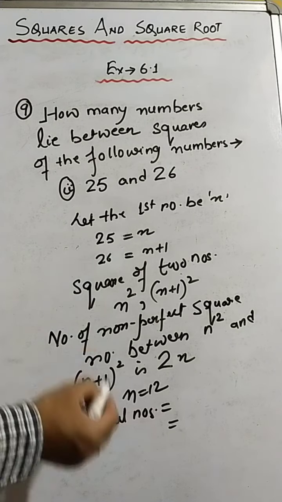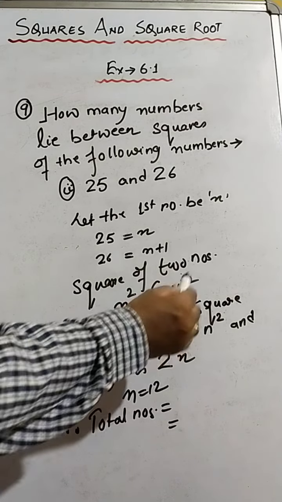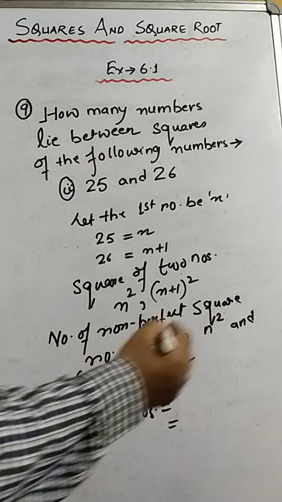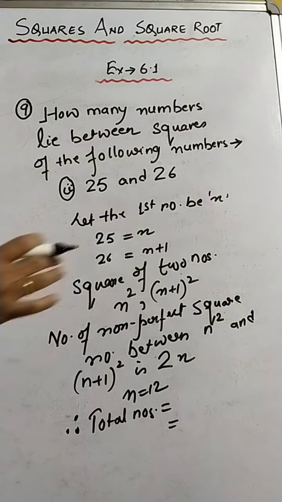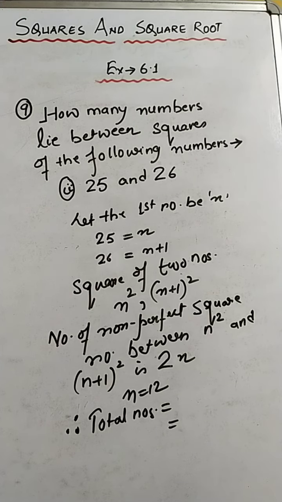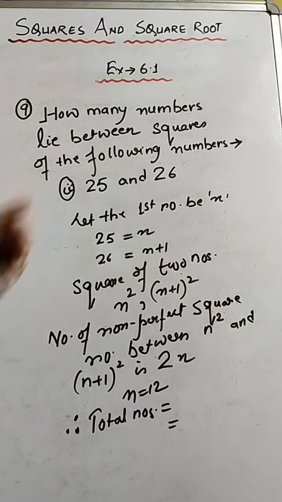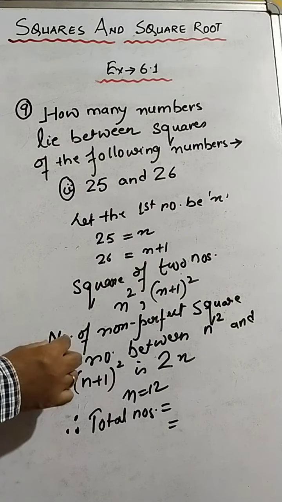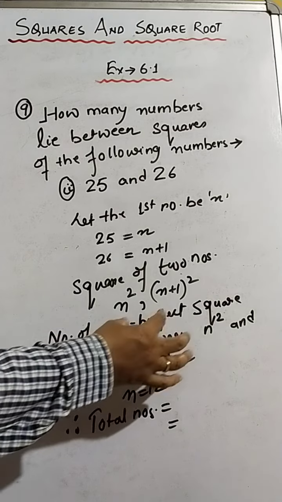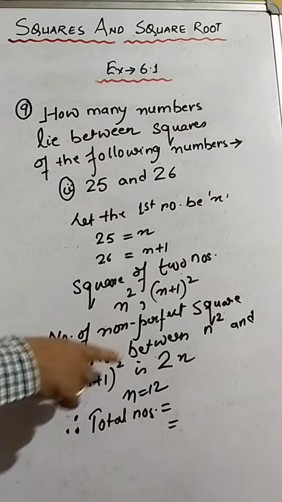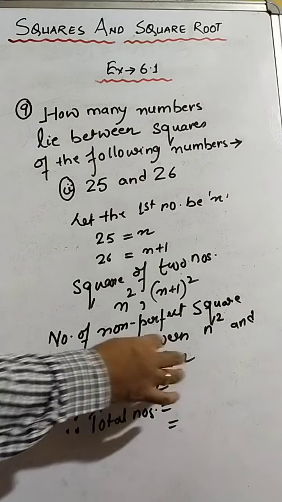So we'll write the same sentence: the square of the two numbers is n square and n plus 1 whole square. Now in the next sentence we write, therefore the total number of non-perfect square numbers between n square and n plus 1 square is what? 2n. We have said this.